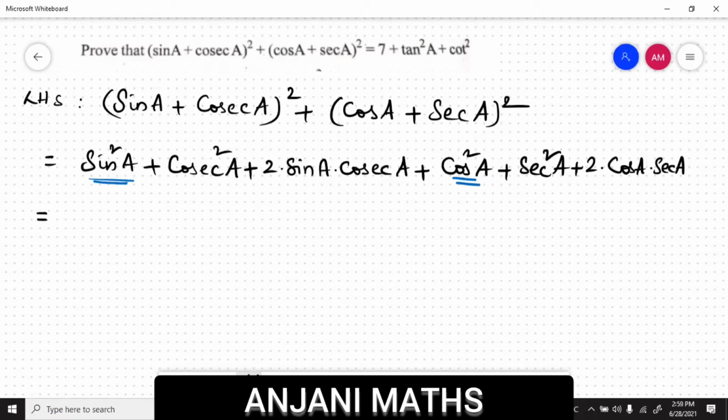So it will be sine square A plus cos square A. We have written those two terms.